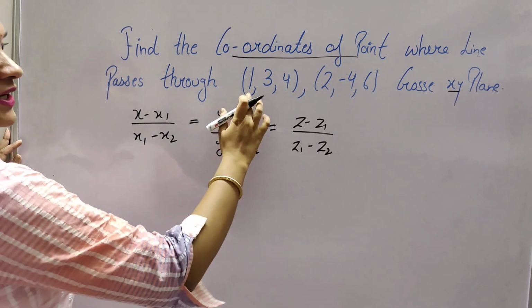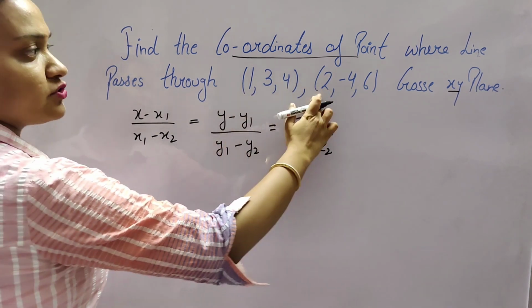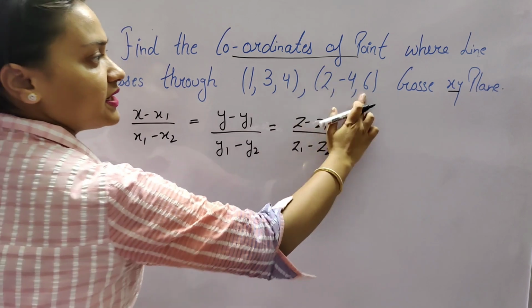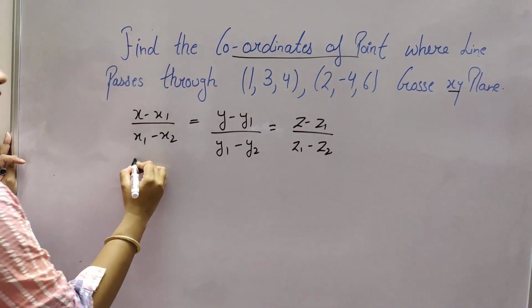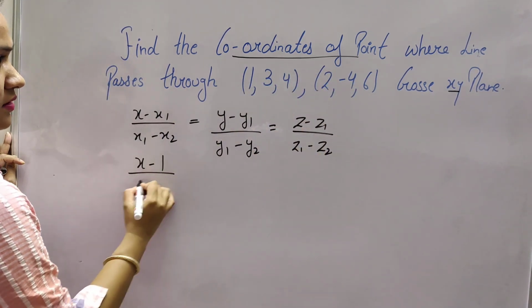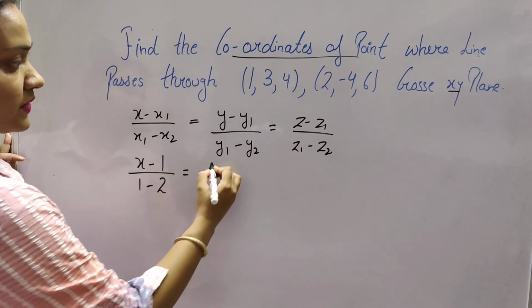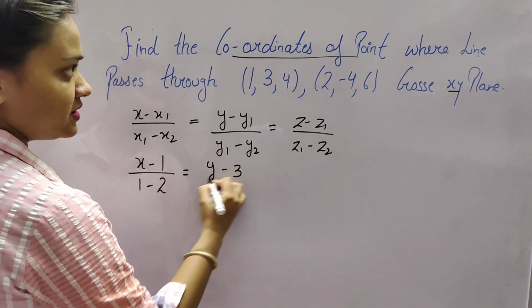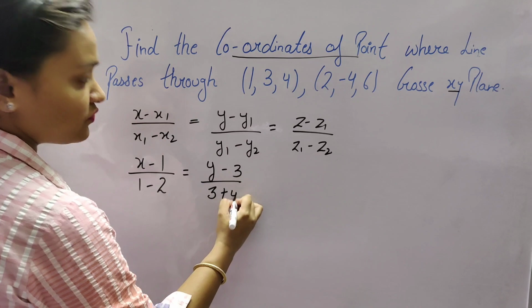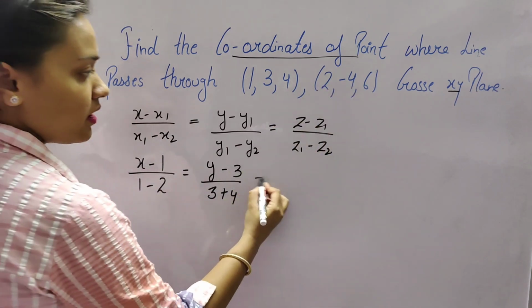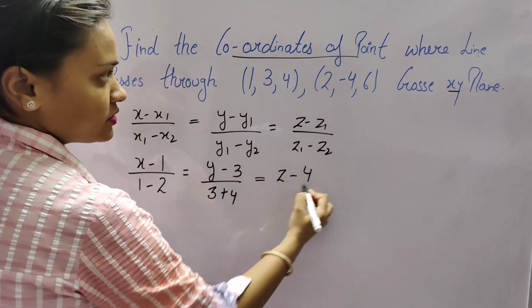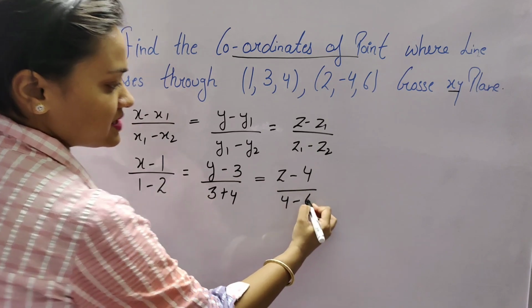Now putting the values: x minus 1 upon 1 minus 2, y minus 3 upon 3 plus 4 because minus minus becomes plus, z minus 4 upon 4 minus 6.